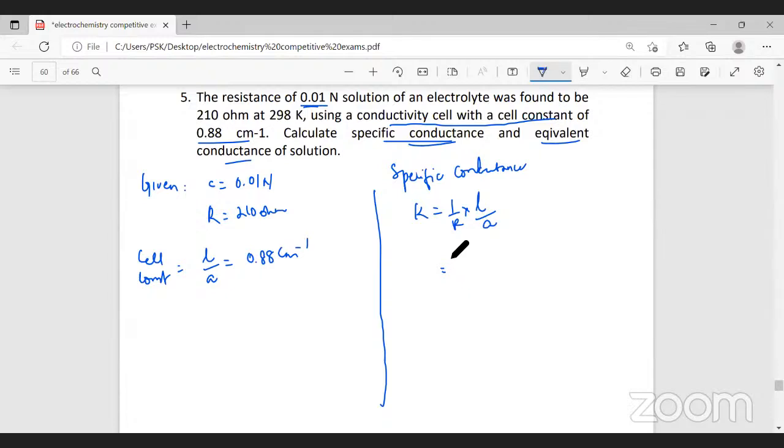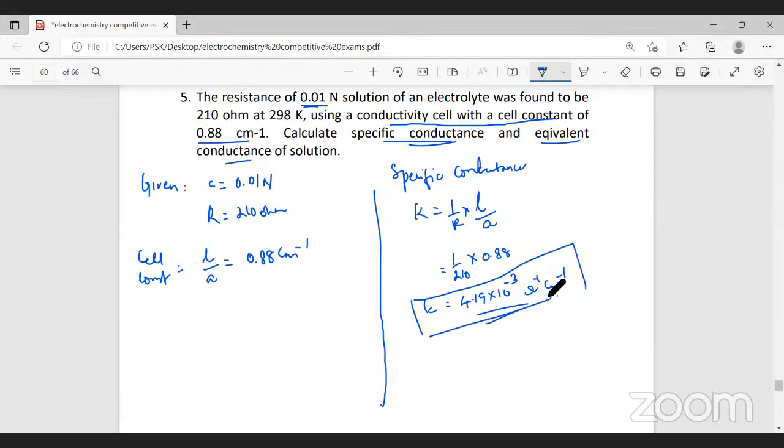Because the resistance is 210, it is 1 by 210 into the cell constant 0.88. On simplification, the answer we will get is 4.19 into 10 to the power minus 3 ohm inverse centimeter inverse. So this is specific conductance. Did you follow this part of the problem?